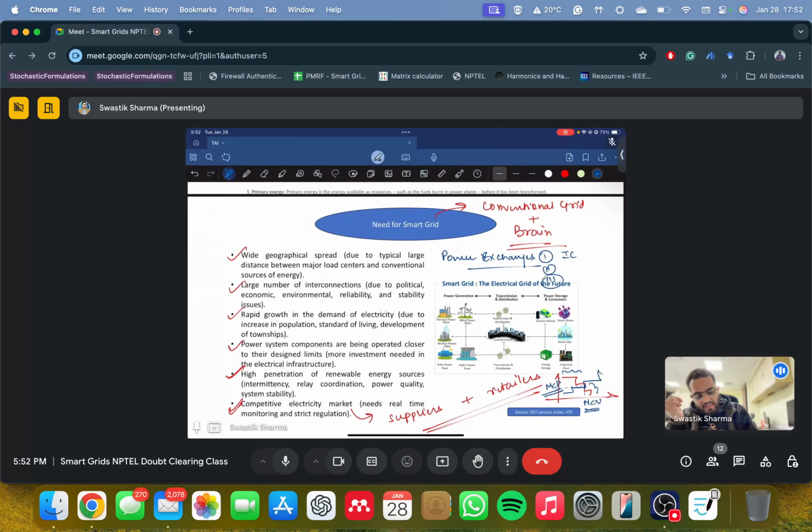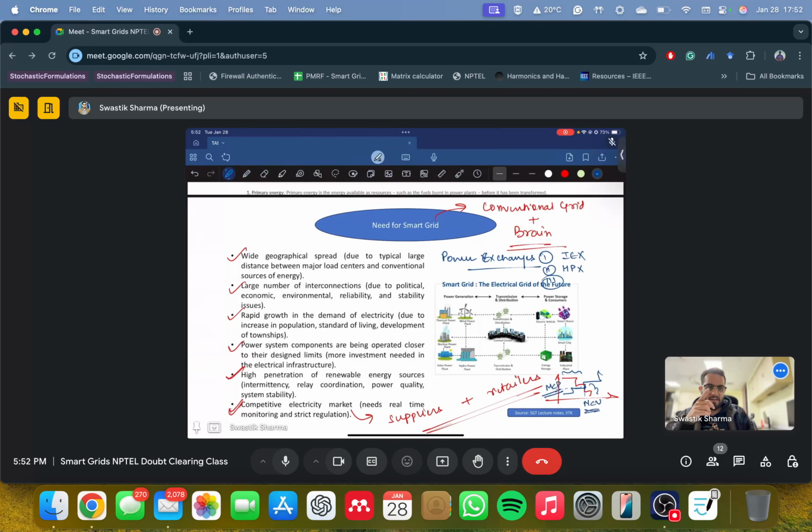So we have IEX, Indian Energy Exchange. Then we have Hindustan Power Exchange. We have one more. PXIL. Yes, we have Power Exchange India Limited. Right, so these three power exchanges, and can anyone tell me what is the quantum of power that is being traded in these power exchanges, cumulative?